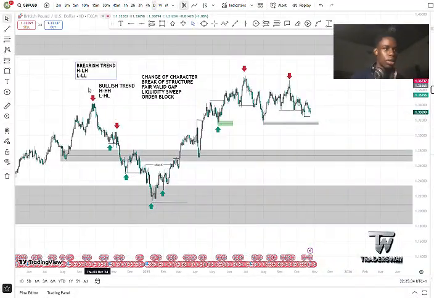So I just wrote everything down so that you guys understand. On a bearish trend, what are we looking for? A high, a lower high. Here was the high, this is the lower high.